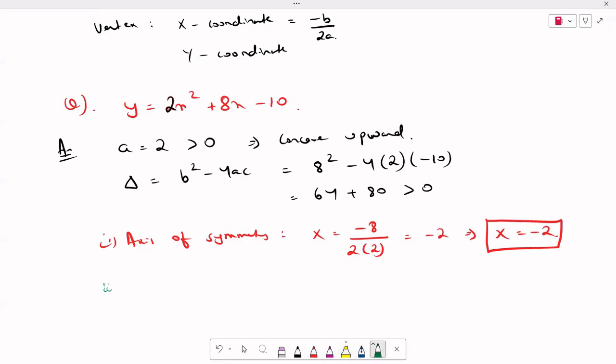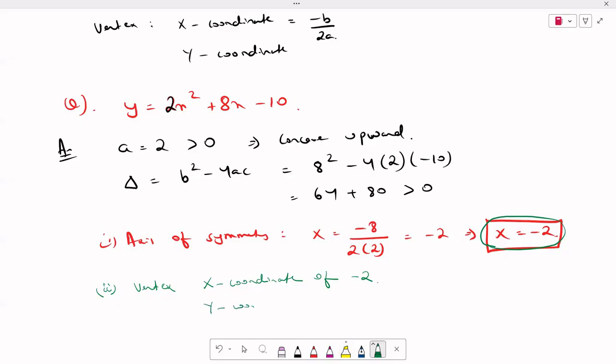I should know that the vertex will have an x coordinate of −2, the same value, because the vertex has the x coordinate −b/2a. Since I know the x coordinate is −2, I can use this in the equation to find the y coordinate.